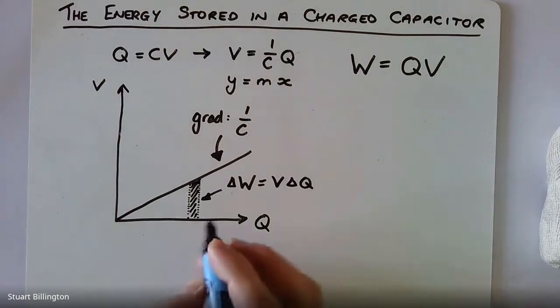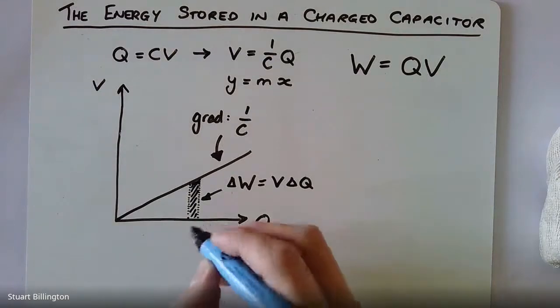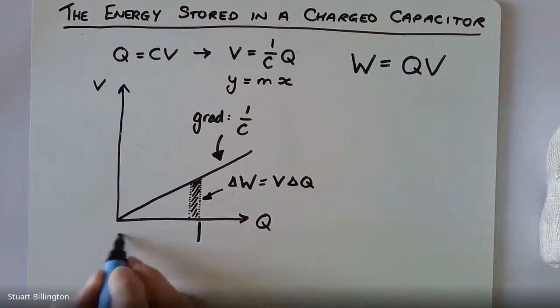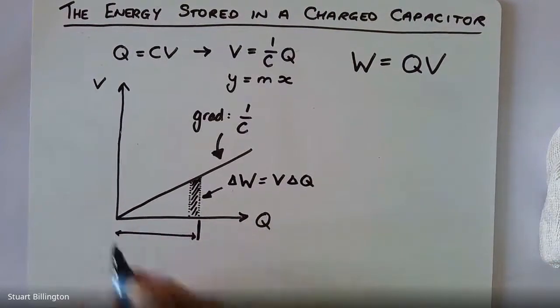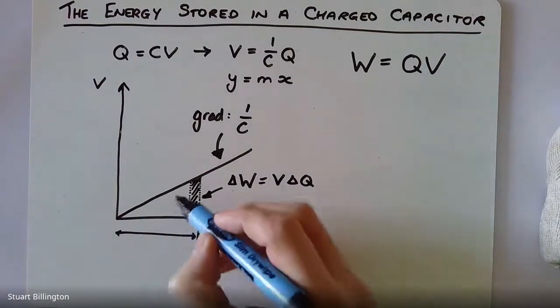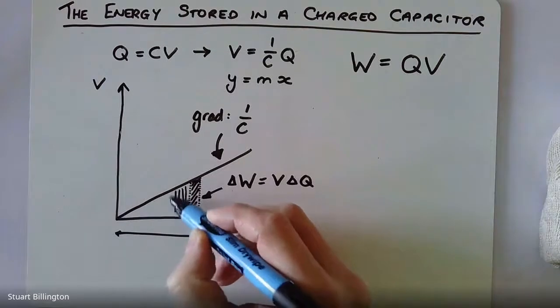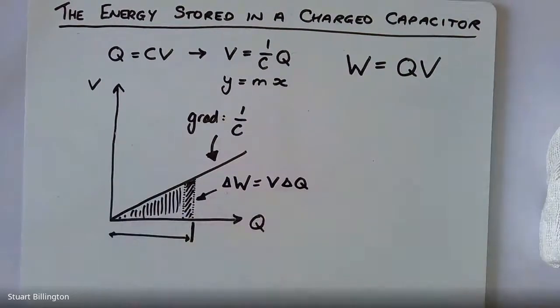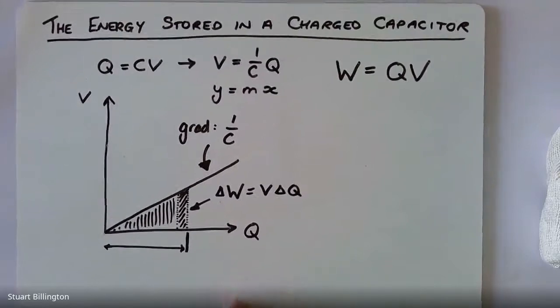We then ask, well, how much energy is stored in the capacitor in total? Well, if it is storing this much charge, then what we will have done is added up slice after slice after slice, all the way until we eventually get to the idea that the area underneath this straight line graph is the energy stored in the capacitor.